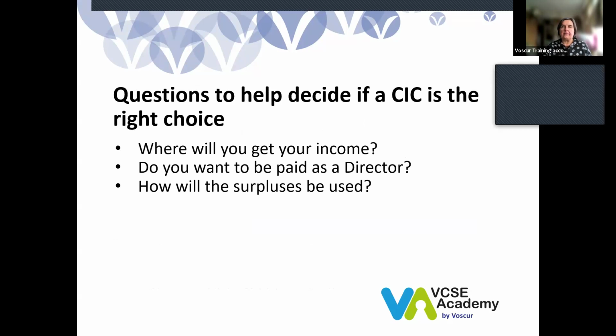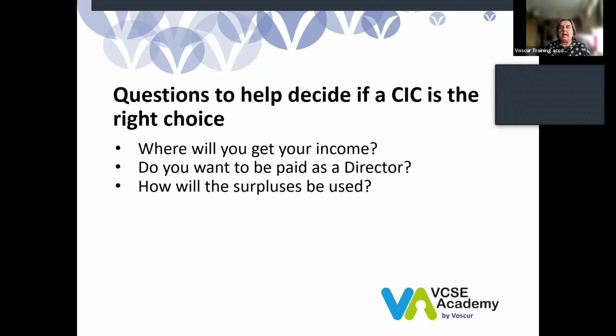You can also have CICs that are just reliant on grants, but that isn't a very secure model, and you'll probably find after a while that you've run out of opportunities for grants and you need to think carefully about what you're going to do for your future. So at least a little bit of trading income, which could include government grants, is a really good idea.